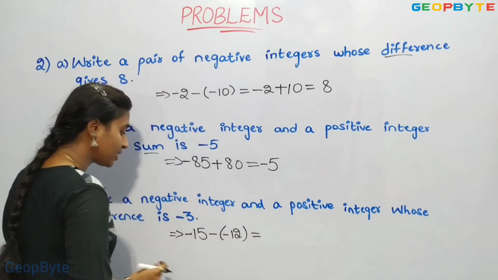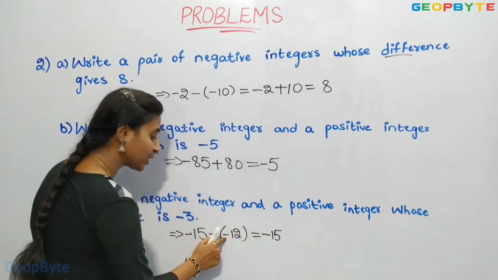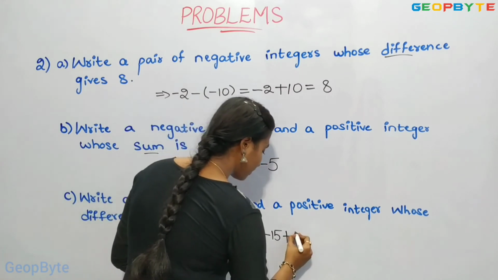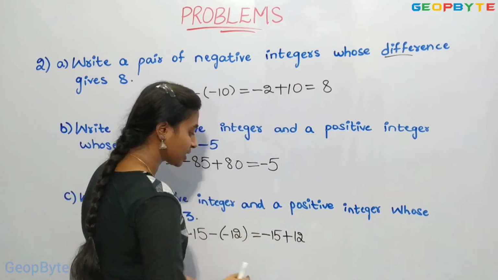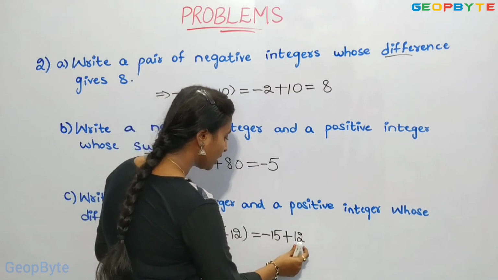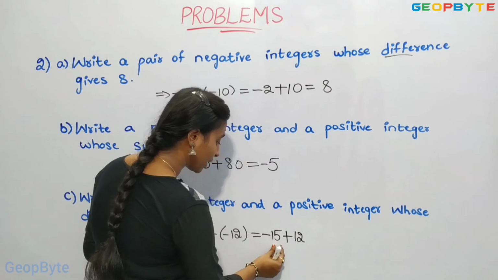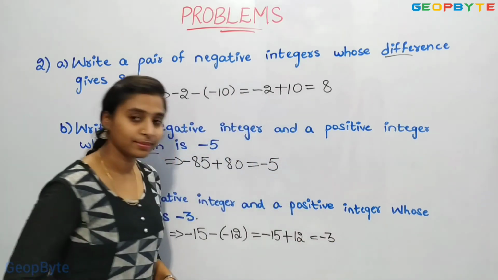If we solve this, minus 15, minus into minus, plus 12. Now minus 15 plus 12, 15 minus 12 is 3. The sign for the greater number is minus, so minus 3.